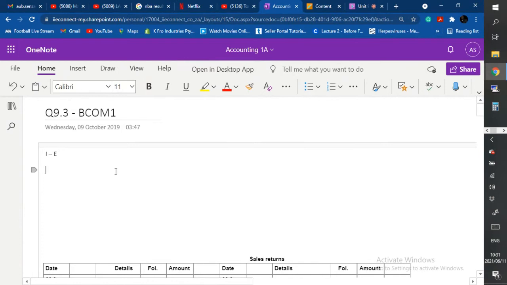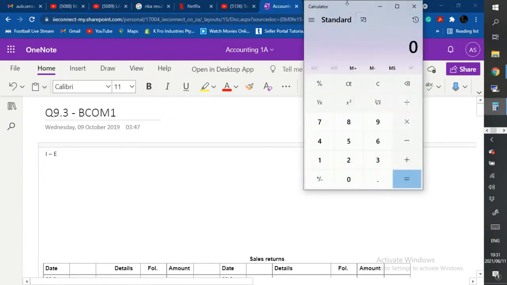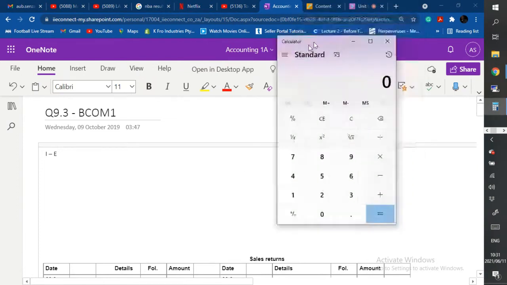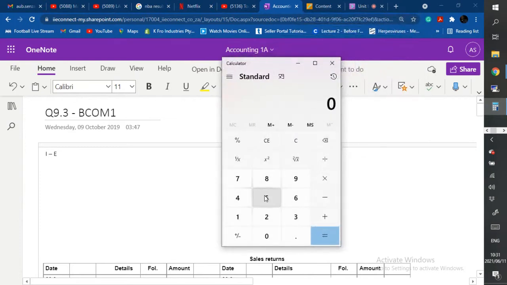So what we then have to do is pull out our calculator, all right? I'm sure you guys didn't have any problems with this, okay? But let's do it together nonetheless. And we add all our incomes together. First one we have there is, what is this?